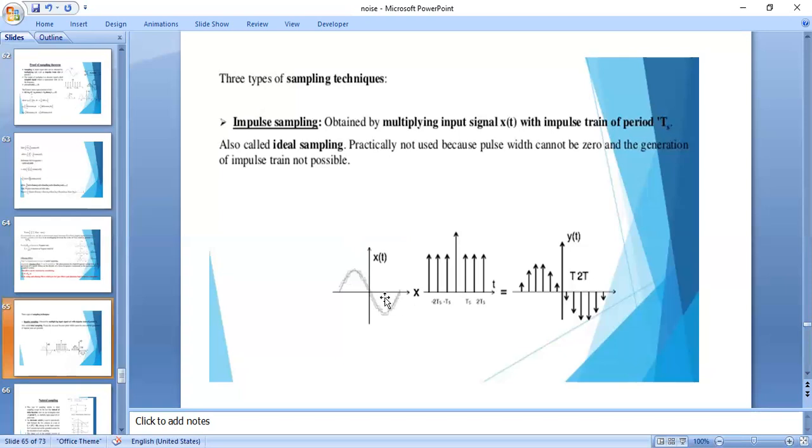See here x of t, and it should be multiplied by delta of t, the impulse train. You will get the sampled version of this continuous wave signal, which is also called the sampled signal, or discrete time signal.